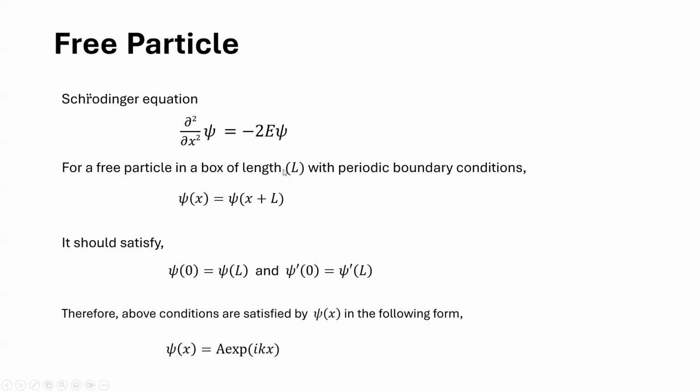So if the length is L, we can write that psi of x is equal to psi of x plus L. And also it should satisfy psi of 0 is equal to psi of L. That means the wave function's values at x equal to 0 and x equal to L must be equal. And also the first derivatives of the wave function at 0 and L are equal to each other.